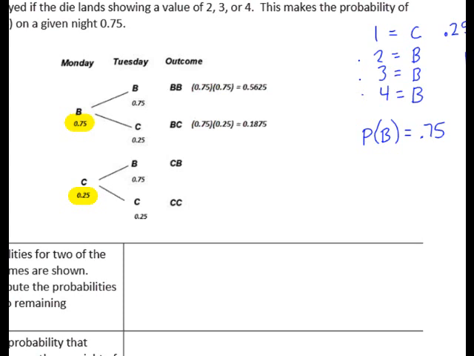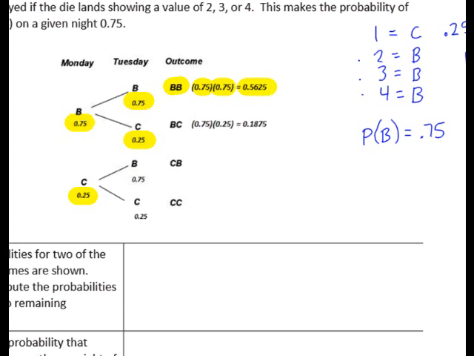Then continuing on that branch, the probability of a board game is 0.75 and the probability of a card game is 0.25. Then the probability that you will be playing a board game and a board game is the probabilities multiplied together. So 0.75 times 0.75 is 0.5625.